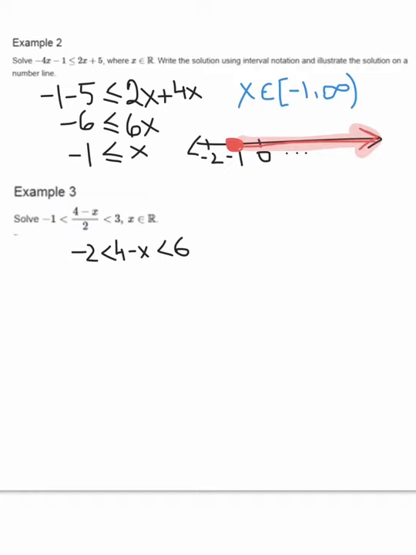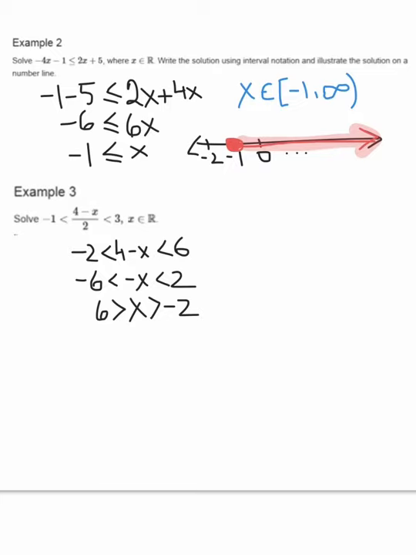So we get -6 on the left-hand side, is less than -x, is less than 2. Now we want to divide by a negative, so we have to do that on all three sides. We're going to get 6 > x > -2. Notice the alligator sign switched.